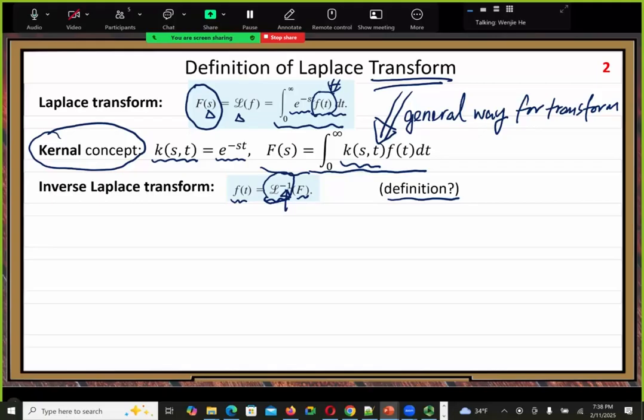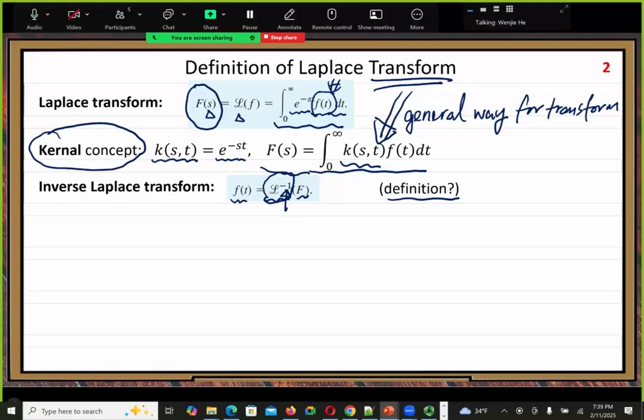But it can be shown that the inverse transform exists. Although people couldn't write out its formula, it exists. It has no specific representation, but it is there.